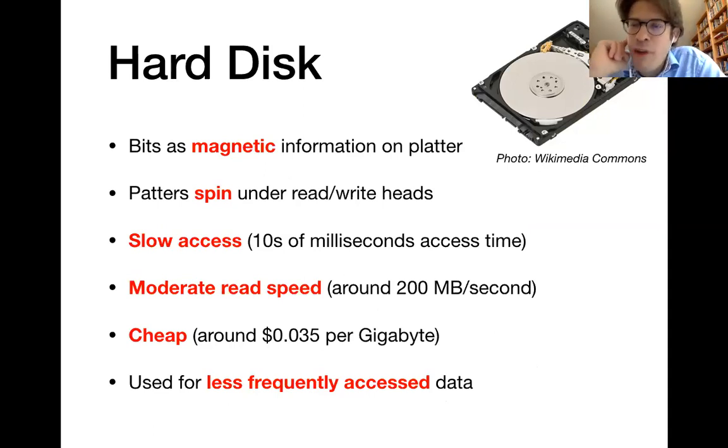Hard disk represents bits in a similar manner as the previous storage medium, as magnetic information again, but this time we are writing this magnetic information on a round disk, such as the one that you see on the upper right side.